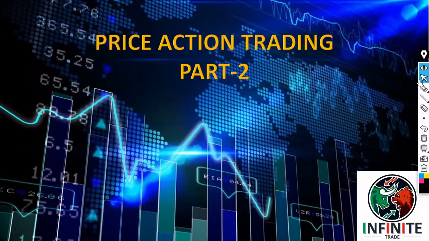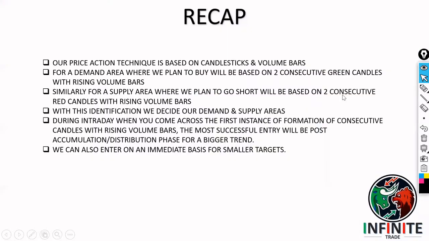Before we proceed further, we'll just do a quick recap. What did we learn so far is this is a price action technique based on candlesticks and volume bars. What we do here is identify a support area where we initiate a buy trade, based on 2 consecutive green candles with rising volume bars.